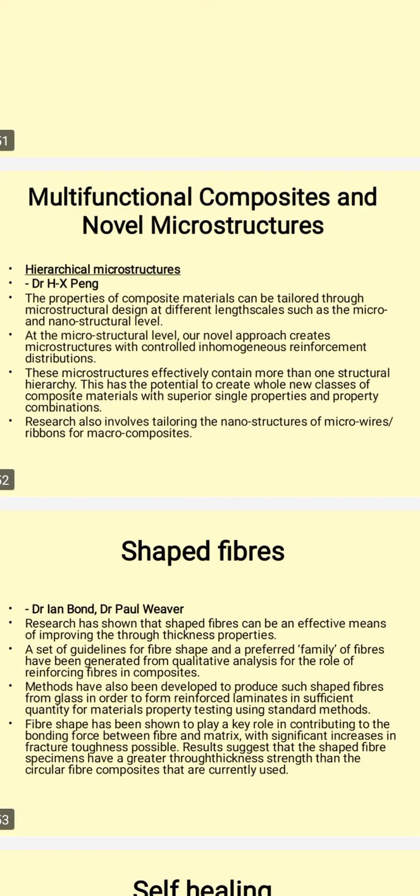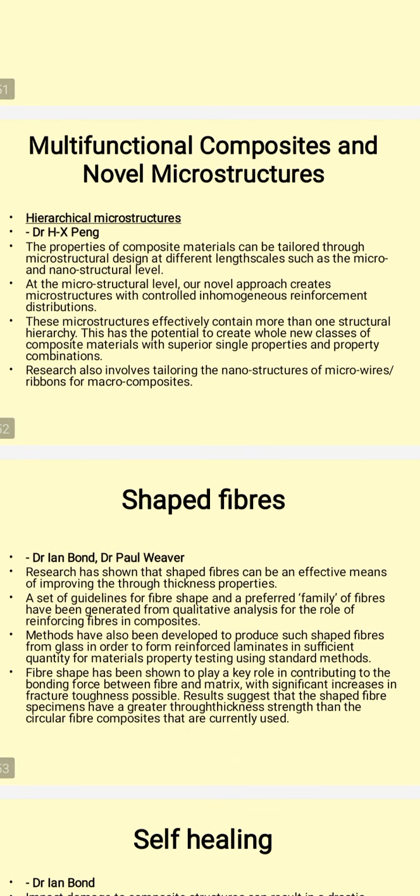Research has shown that shaped fibers can be an effective means of improving the through-thickness properties. Strength guidelines of the fiber shape are preferred. A family of fiber shapes has been generated from the qualitative analysis for the role of reinforcing fibers in composites. Methods have been developed to produce such shaped fibers from glass in order to form reinforced laminates in sufficient quantity for material property testing using standard methods.